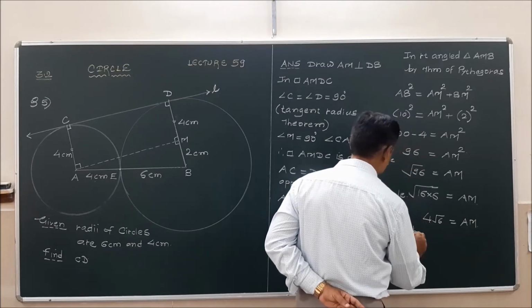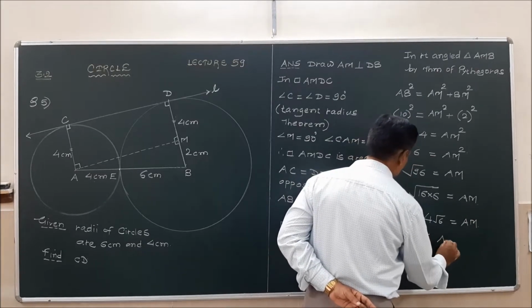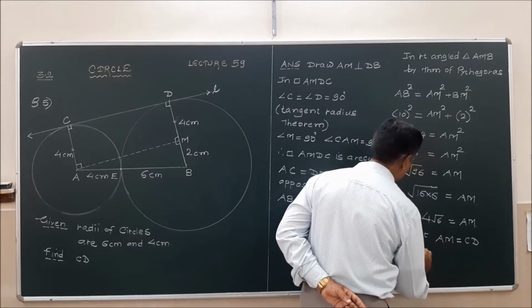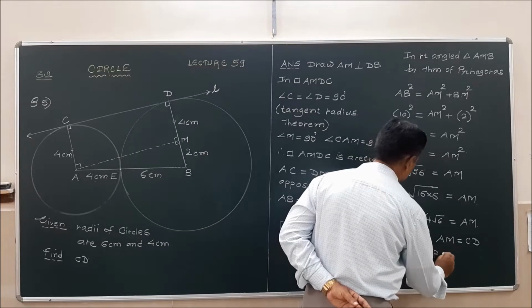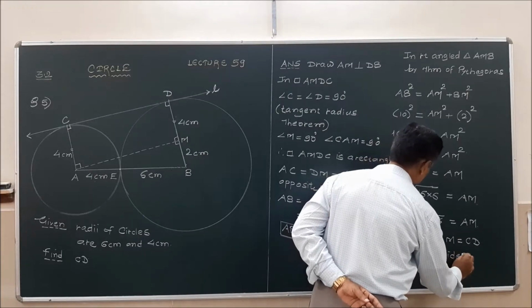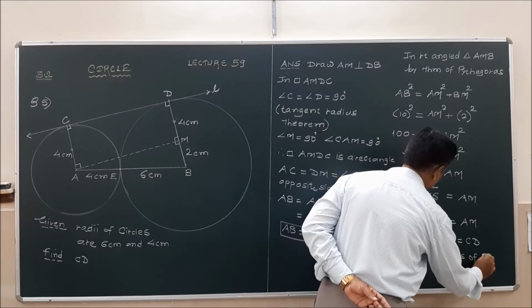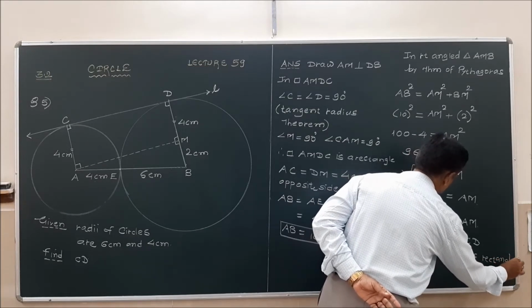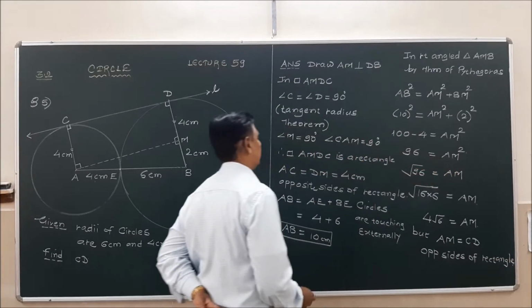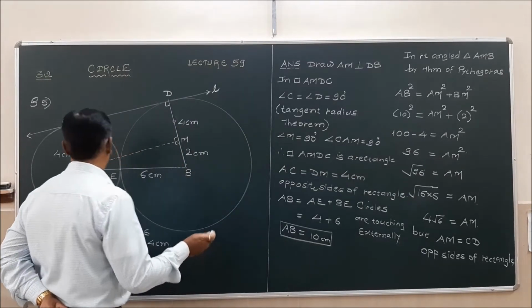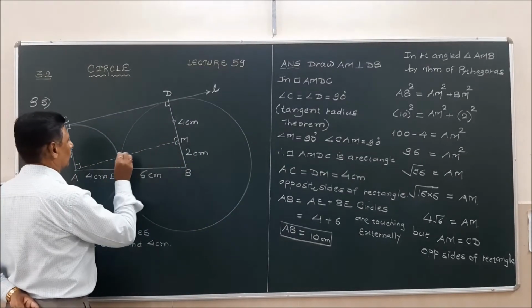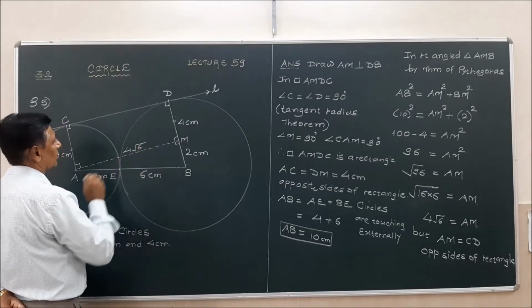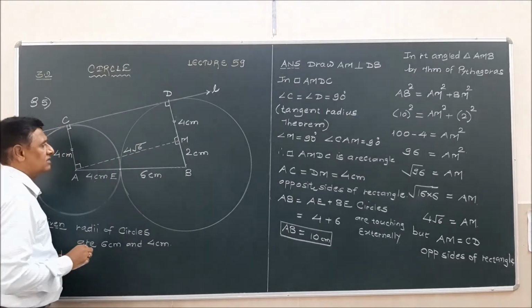But AM is equal to CD, opposite sides of a rectangle. AM we got as 4 root 6, correct.